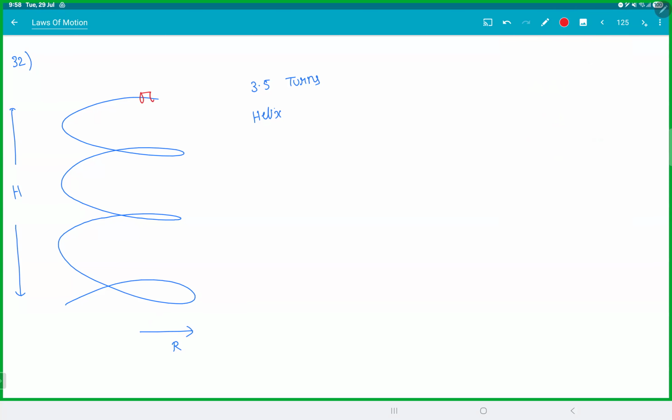So we have a bead here of mass m. It starts sliding on the helix. Gravity is there. Find the time taken to reach the ground. First time you saw a helix was in kinematics.